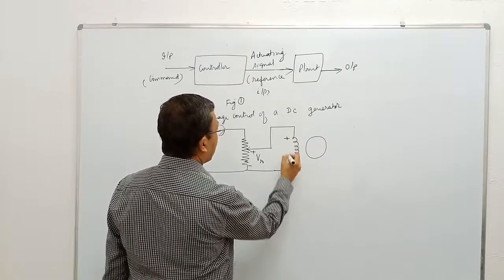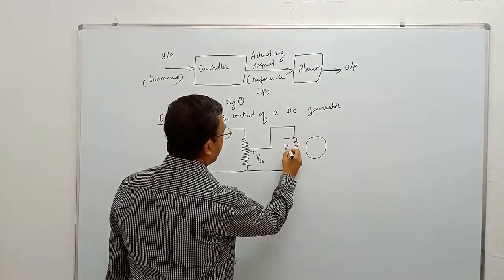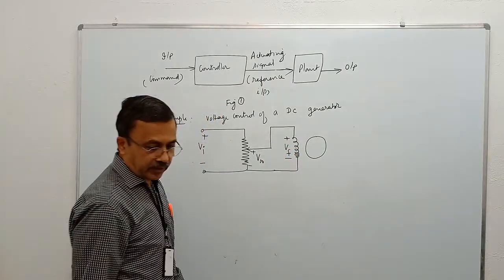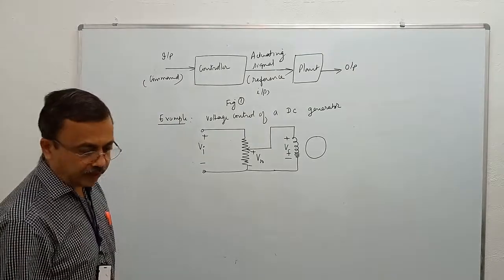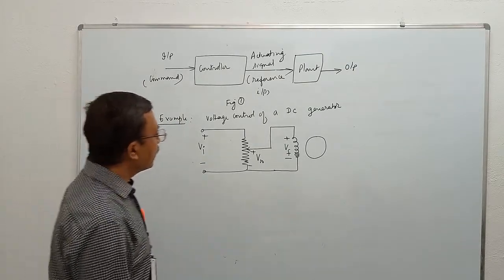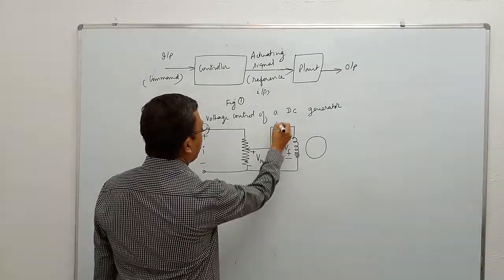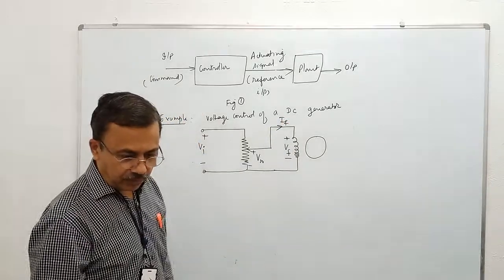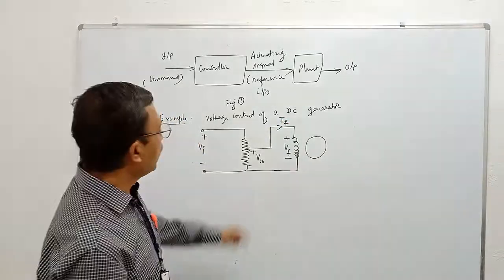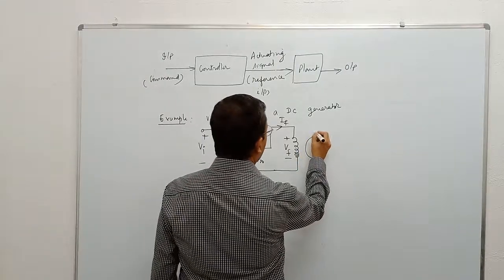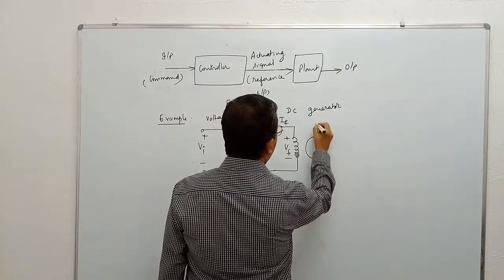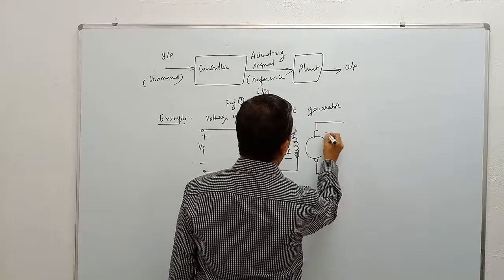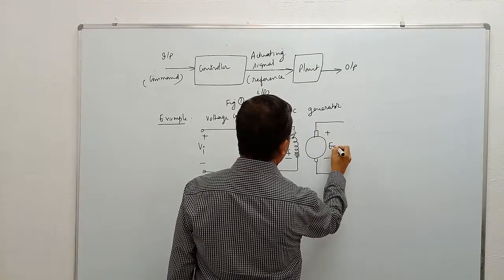The voltage across this winding is Vf. In fact, the field current is If. Making use of this reference voltage, the DC generator produces an open circuit voltage Eg.